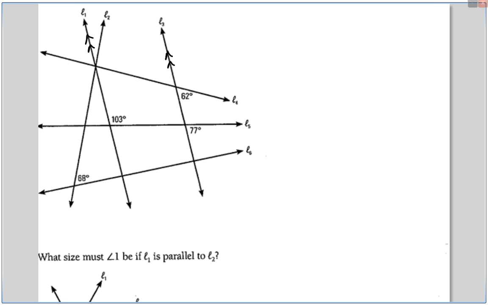So let me highlight my parallel lines in purple that I think are parallel anyway. And I'll highlight my transversal in blue. Here's a transversal in blue. Now let's get all these angles.